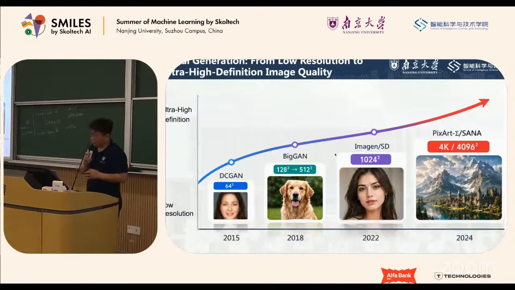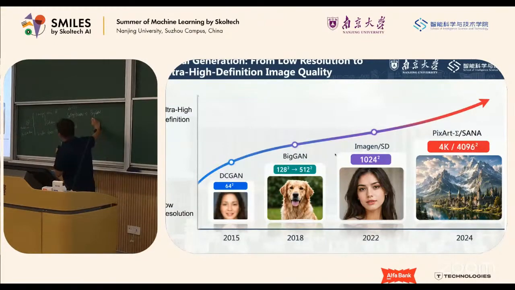Then came high-fidelity GANs, and the representative work may be BigGAN, which generates images up to 512, maybe around 2018.